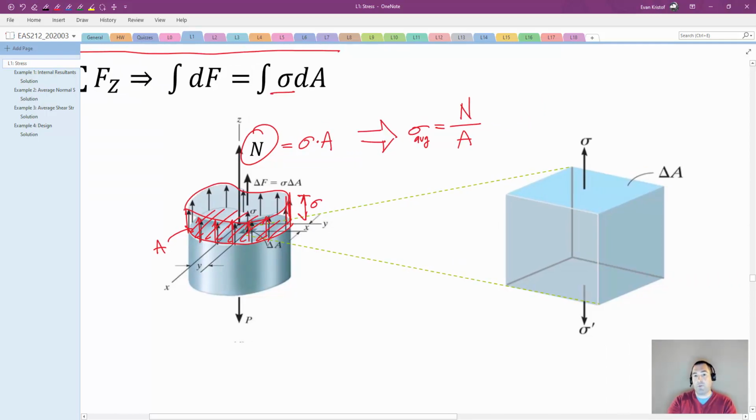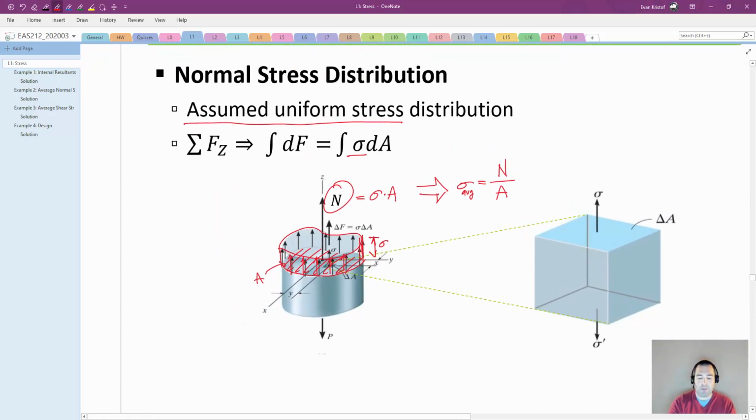If we have a uniform stress distribution, then we can easily calculate the intensity of the normal stress. It's just the normal force divided by the cross-sectional area, and that gives us the right units. Normal force is in force, area is in area units: psi, ksi, pascals, whatever. But again, it's very important to note that we're assuming the normal stress is uniform across the entire area.